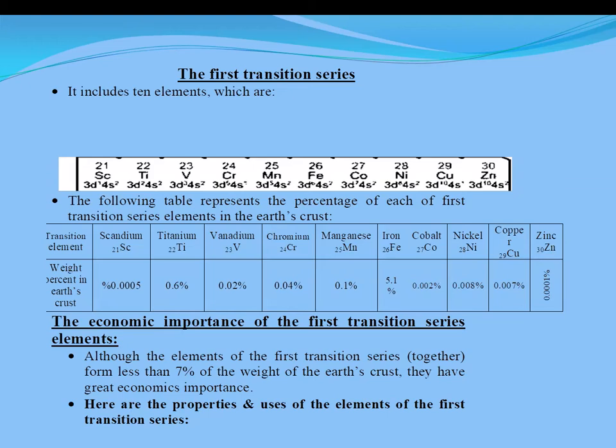The first transition series starts with scandium 21, Sc21, titanium, Ti22, vanadium, V23, chromium, Cr24, manganese, Mn25, iron, Fe26, cobalt, Co27, nickel, Ni28, copper, Cu29, and zinc, Zn30.